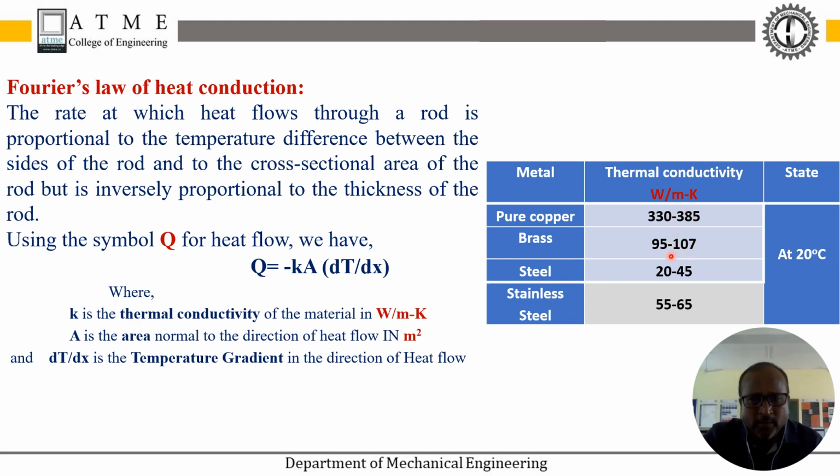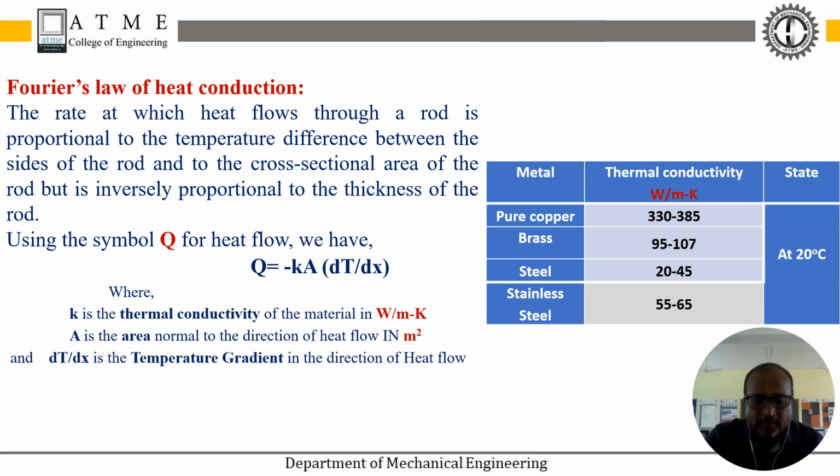You can see how the property varies. Some will conduct heat faster and some will conduct heat slower. The value K depends, as you can see in the equation: if K is less, Q will be less; if K is more, Q, the rate of heat transfer, is more. Better than copper, silver has even higher values. I urge you to go and find out the thermal conductivity of silver yourself. I know the value, but I just want you to go and find it.